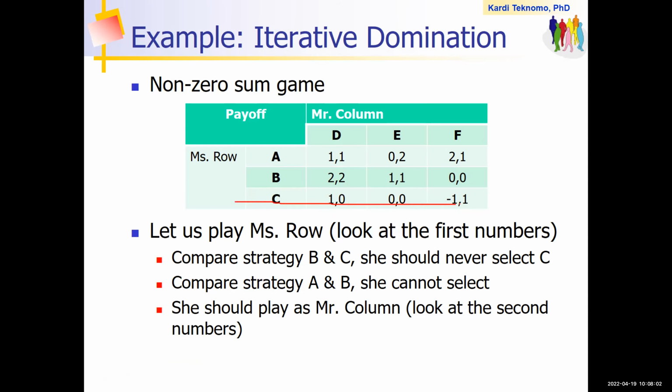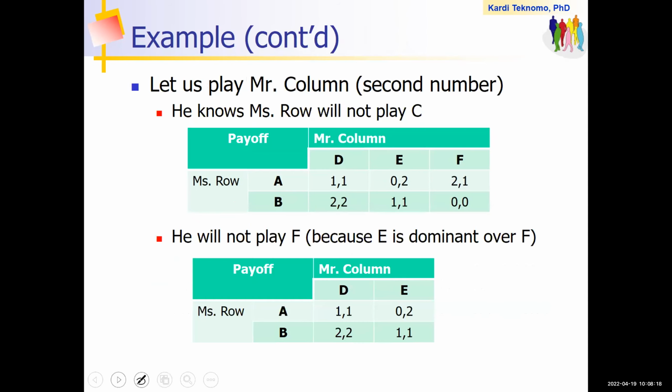Right? And then now you compare columns. If you compare columns, you check the second numbers here. Suppose you compare E and F, what will happen?